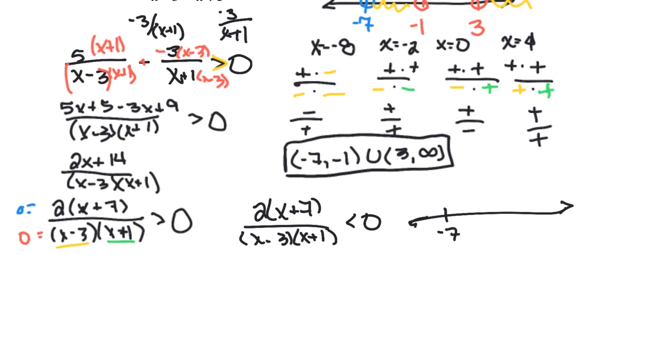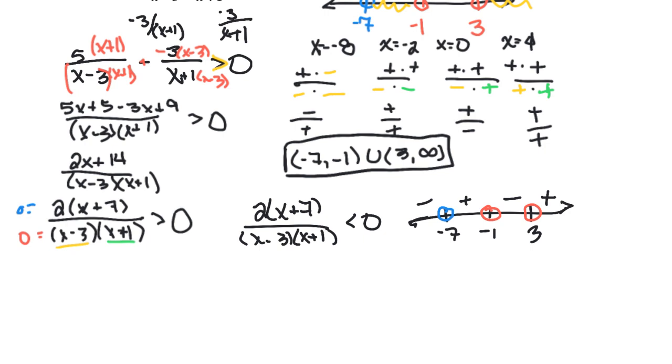So -7, -1, 3. And then my intervals were negative, positive, negative, positive. I never include my undefined values, but I sometimes include my 0. This one I'm not, because I just said less than, not less than or equal to.